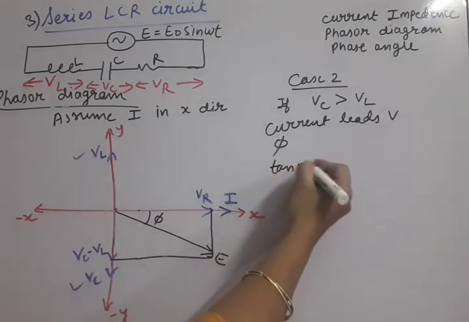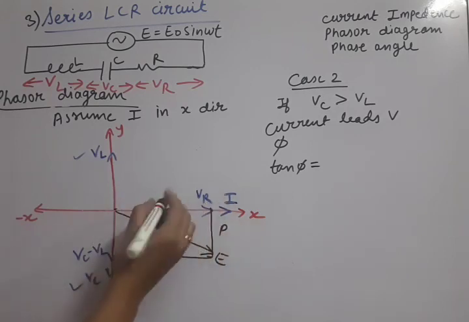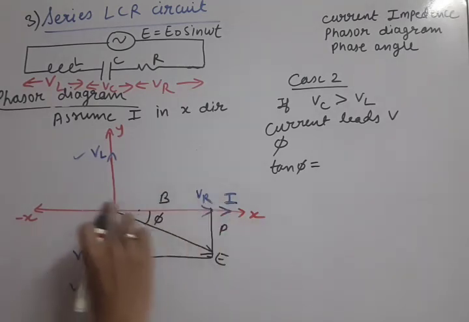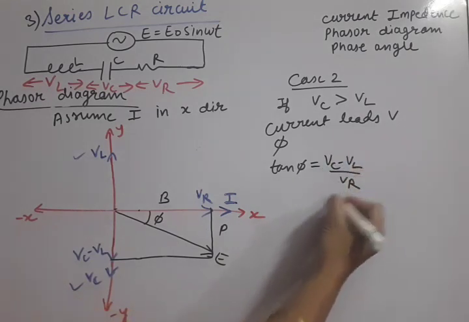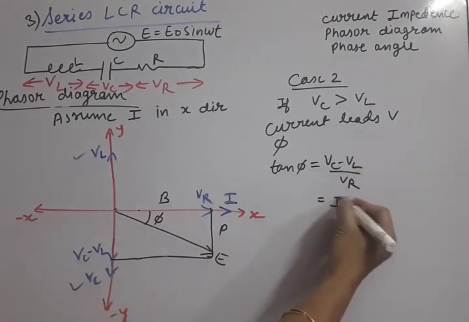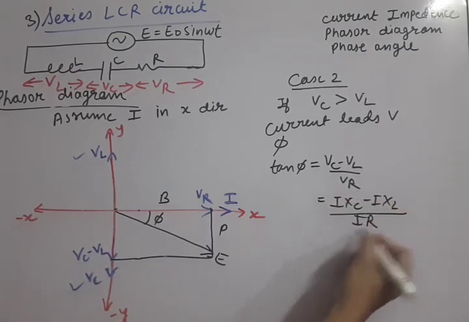Again the calculation is the same. Tan phi is perpendicular upon base. This is perpendicular and this is base. Perpendicular is VC minus VL and base is VR. VC minus VL is IXC minus IXL, and this is IR.